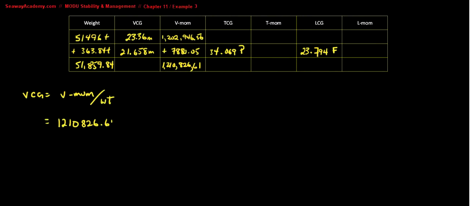And the total weight was 51,859.84 tons. So when we divide our weight into our vertical moment, we get our vertical center of gravity of 23.35 meters.